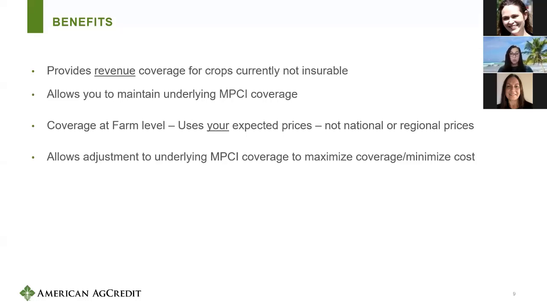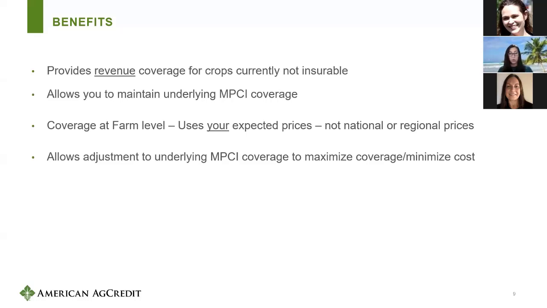And if you have MPCI coverage also, it provides some flexibility in that maybe you don't insure your coffee at the 85% level, you insure it at 75%, but you still are maintaining protection all the way up to 85 because you are diversified and have more than 3 different commodities. So you're protecting some of that revenue on the whole farm policy as well.